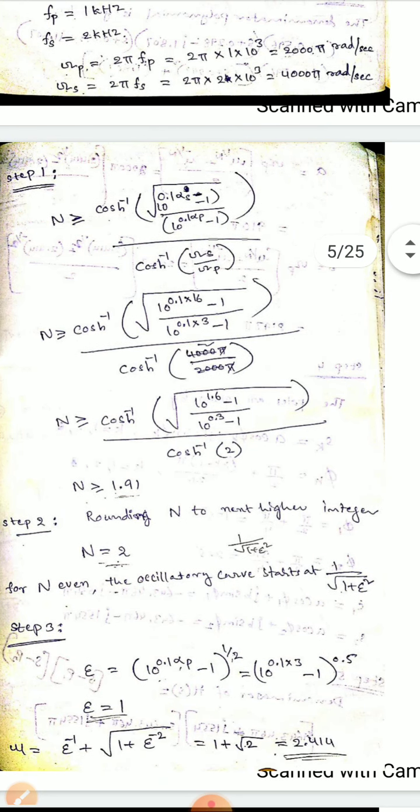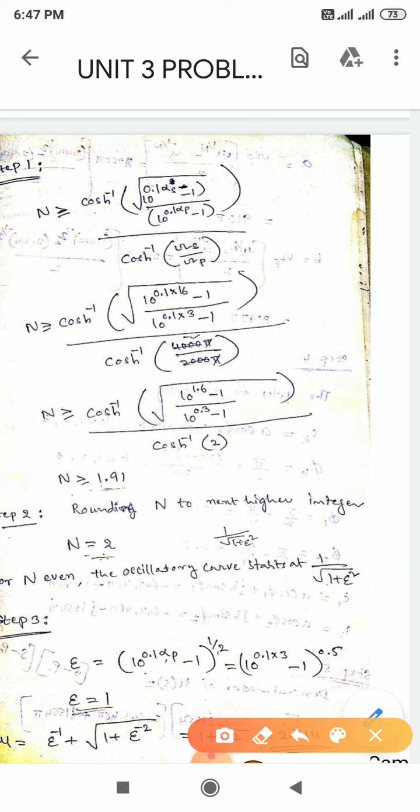Here capital N equal to 2 means the equiripples in the pass band start at 1 by square root of 1 plus epsilon square. In the previous problem, capital N is 3, an odd value. For odd values of capital N, the equiripples start at 1.